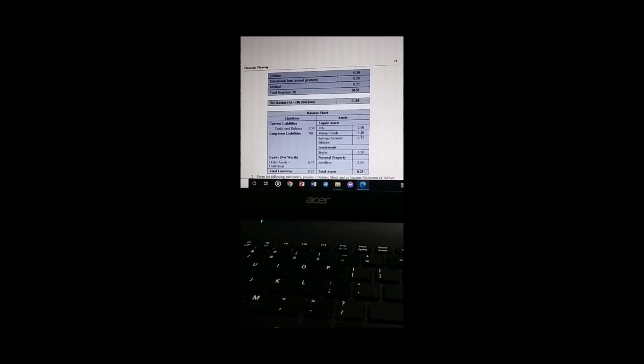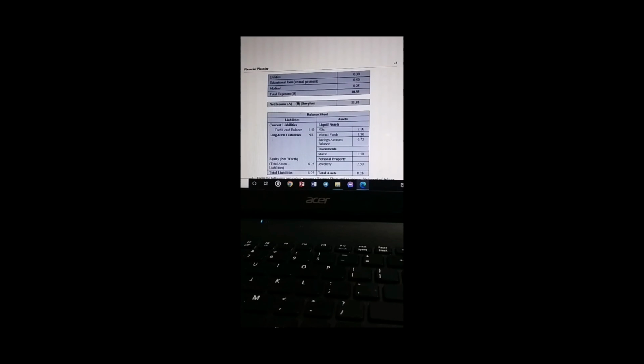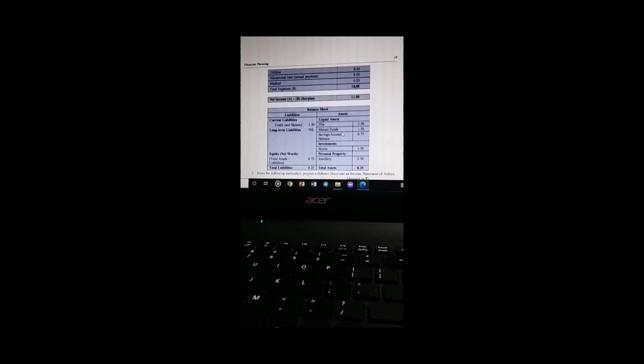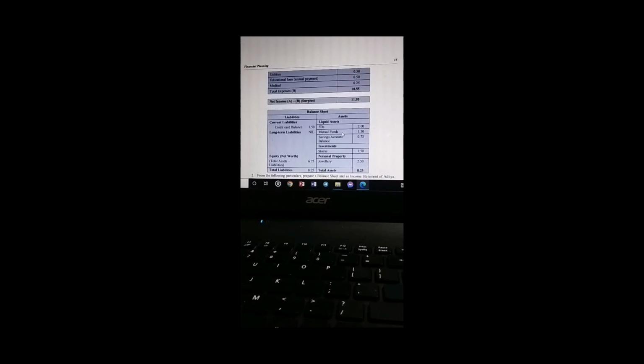Okay, balance sheet. Record everything here. Current liabilities, credit card, balance 1.50. Everything is recorded in the balance sheet. Okay. So, that's all for my assigned topic.